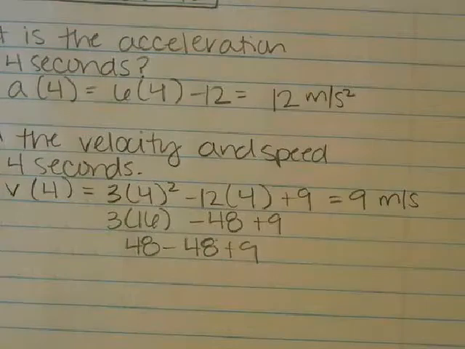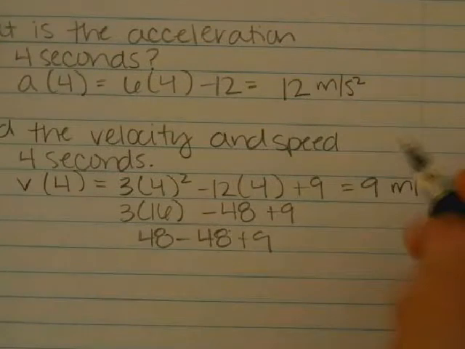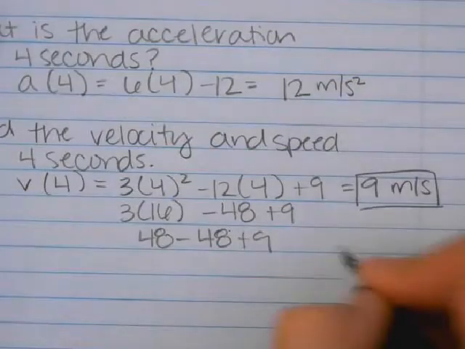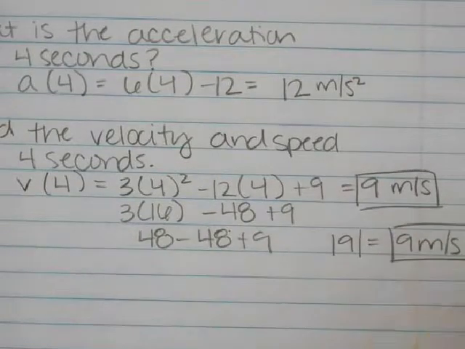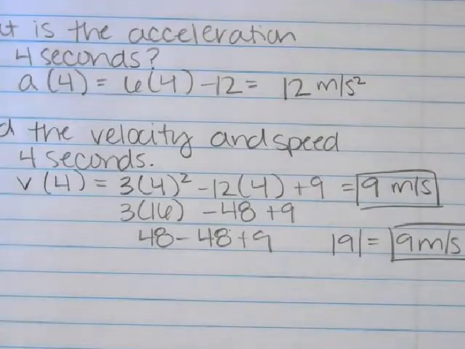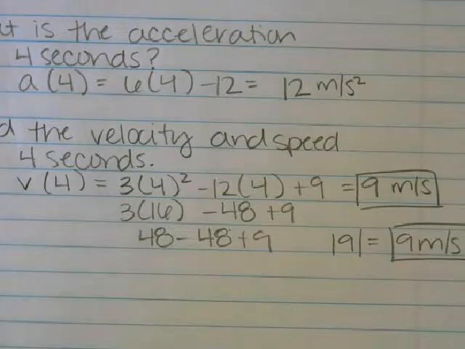Here our velocity is 9 meters per second, and our speed is also 9 meters per second. They match. So at 4 seconds, that's how fast the particle is moving. If your velocity was negative, you would say the speed is positive. Velocity can be in the negative direction, but speed is always positive.